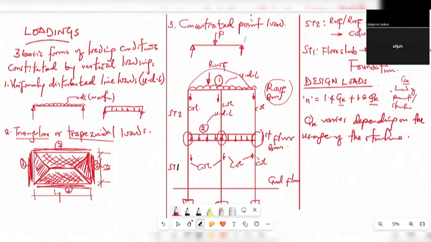Okay. And you can always obtain this from the BS 6399, Part 1, 1984. All right. So, we have different kinds of live load in that particular code of practice.